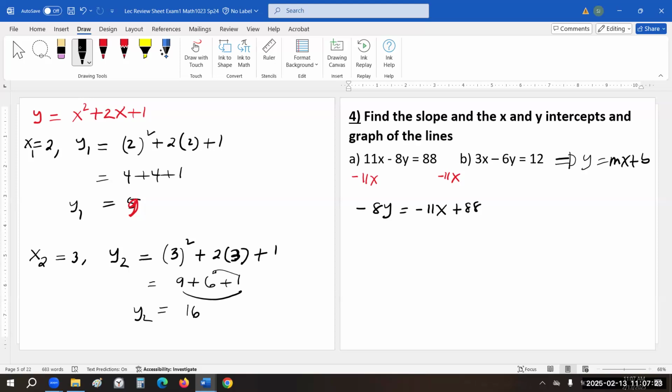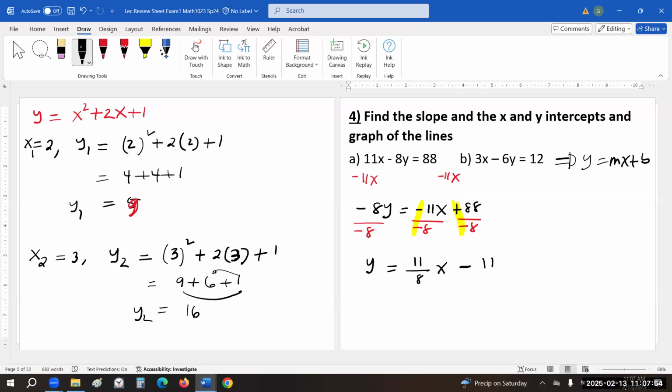Our goal is to get the y alone, so we don't need this negative 8. Divide each term by negative 8. Here we have a double negative, they cancel out. And here we have plus and minus, so it becomes minus. So 11 over 8 x minus 11.